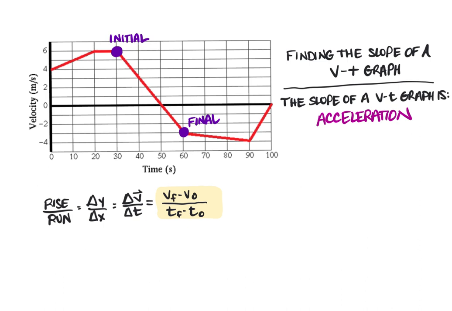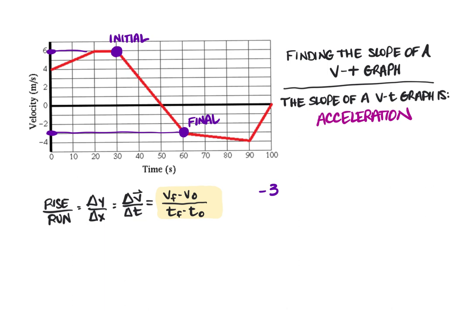So I'm just going to plug my numbers in here. From my final point, my final velocity, I'm just going to come over and read it right off of the y-axis there. That's going to be -3. It's important to watch the sign of the values. And then my initial velocity, I'm just going to read that right here. That's going to be a +6.